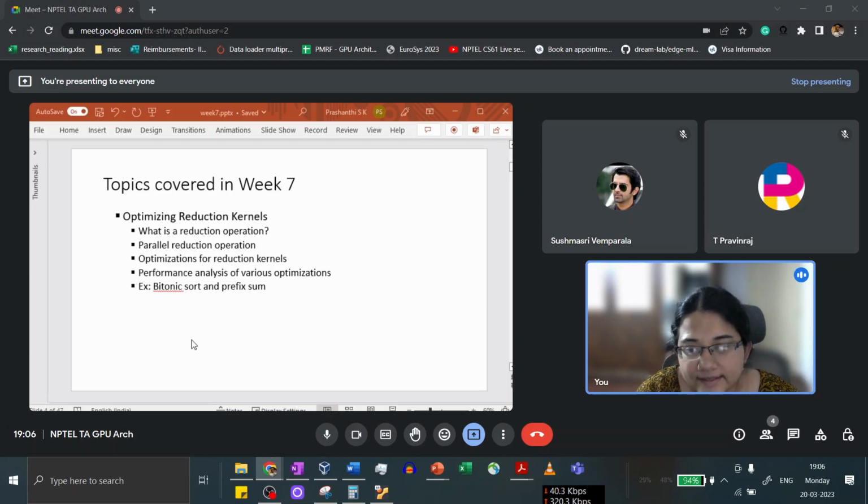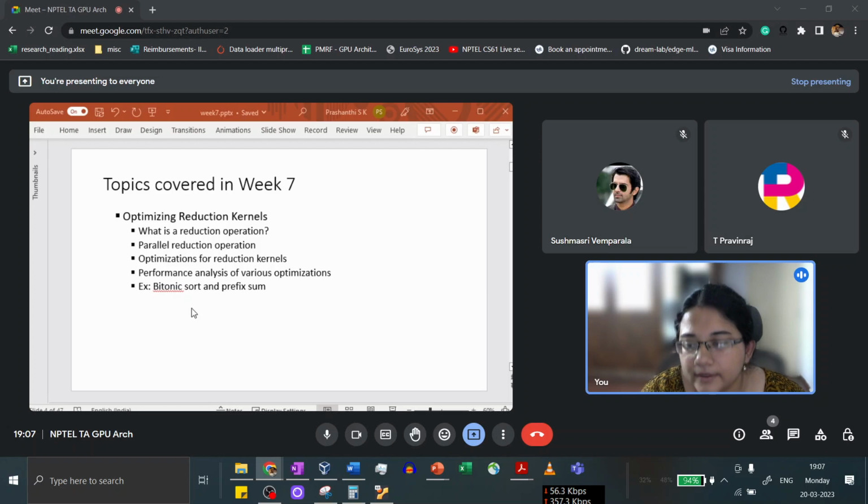We saw around 6 to 7 such optimizations for one reduction kernel, and we also did a performance analysis of all those optimizations. We looked at the execution time for each of these optimized kernels, and we also spoke about why there was an improvement, or in some cases why certain things were problems.